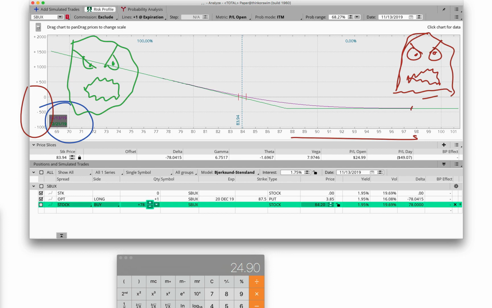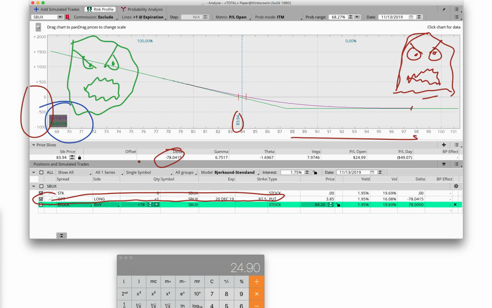Why did I choose 78? Well, you'll notice that with this one highlighted right here, this long put, at 83.94, where it is right now, it has a delta of negative 78.